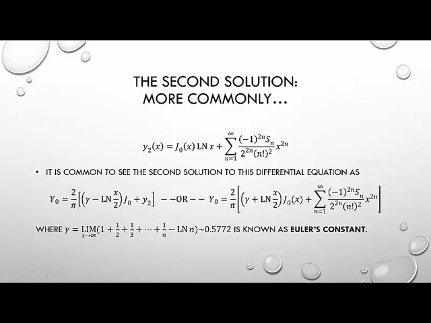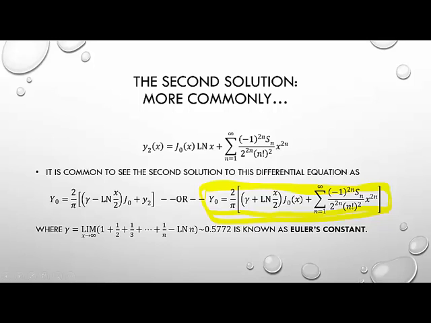It turns out that this solution can be rewritten a little bit so that it would still satisfy the differential equation as a gamma, a constant gamma, minus the ln of x over 2. So more commonly it would look like this.